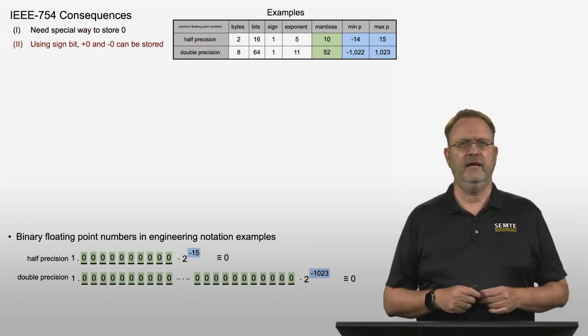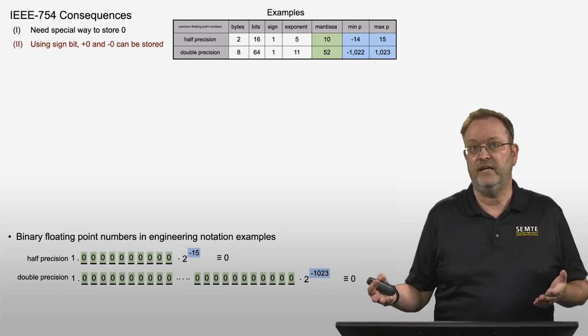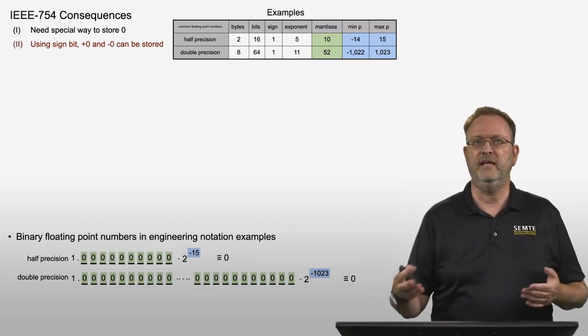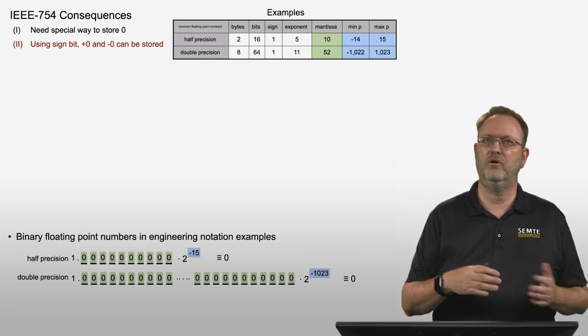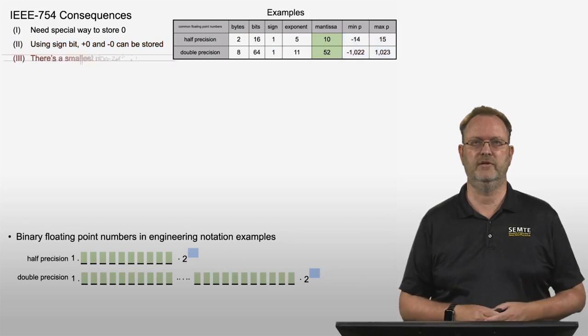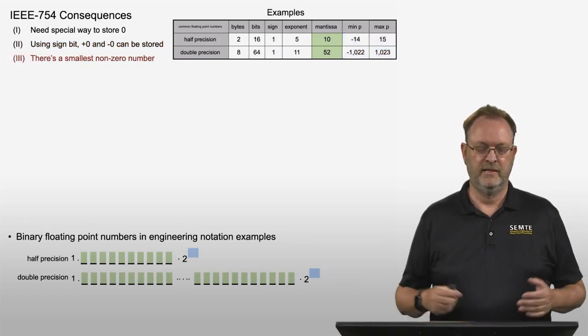Next curious thing is that we still have a sign bit available, which means that depending on the sign bit, we can indicate either plus 0 or minus 0. That's the consequence of having the sign bit available.